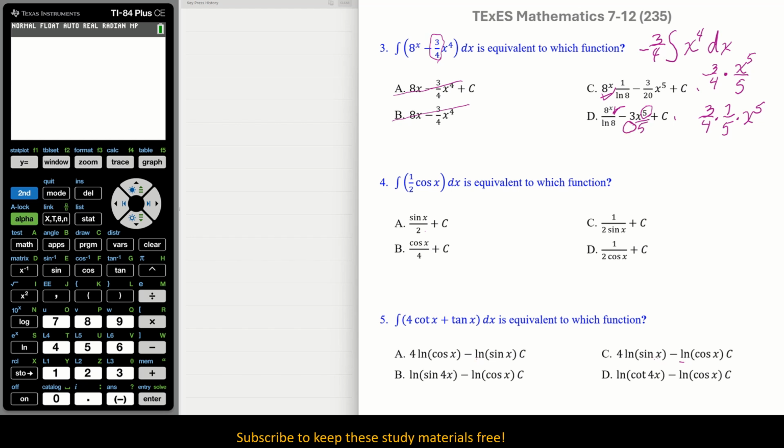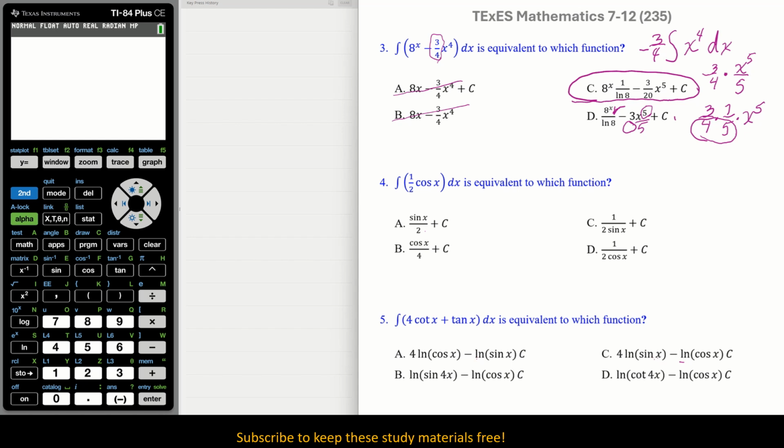And what happened to the 4? It just mysteriously disappeared. So if I multiply 4 times 5, I will have a denominator of 20. And this means that the option C does satisfy what we're looking for. Okay. All right. Let's move on to number 4.